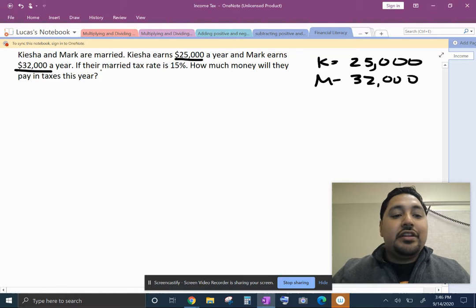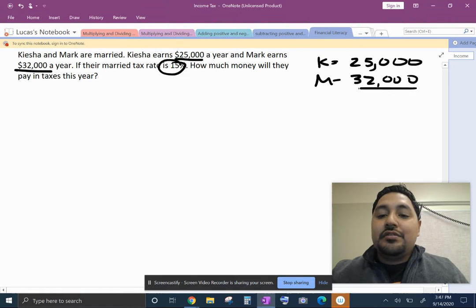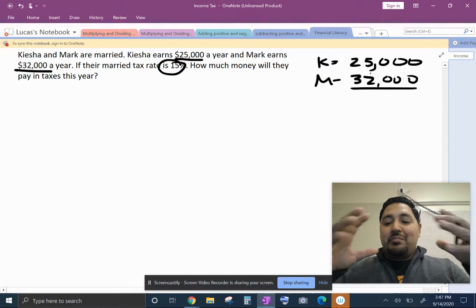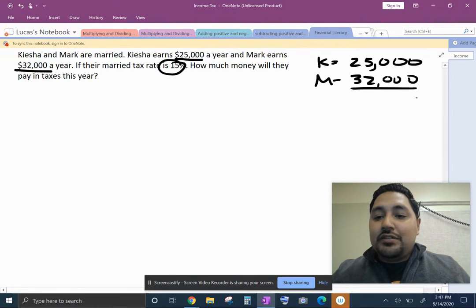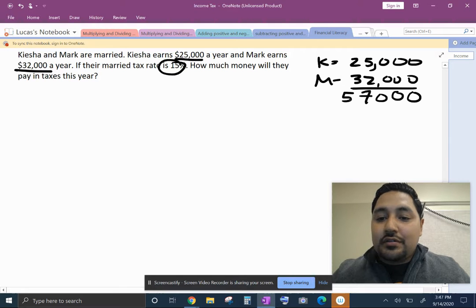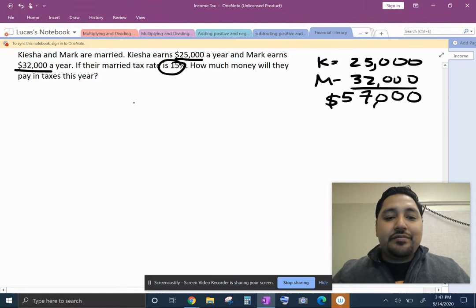If their married tax rate is 15%, how much will they pay in taxes this year? Well, what I'm going to do first, if they're married, they're going to have a combined income. And so I'm going to combine it. So they earn a combined income of $57,000 a year.